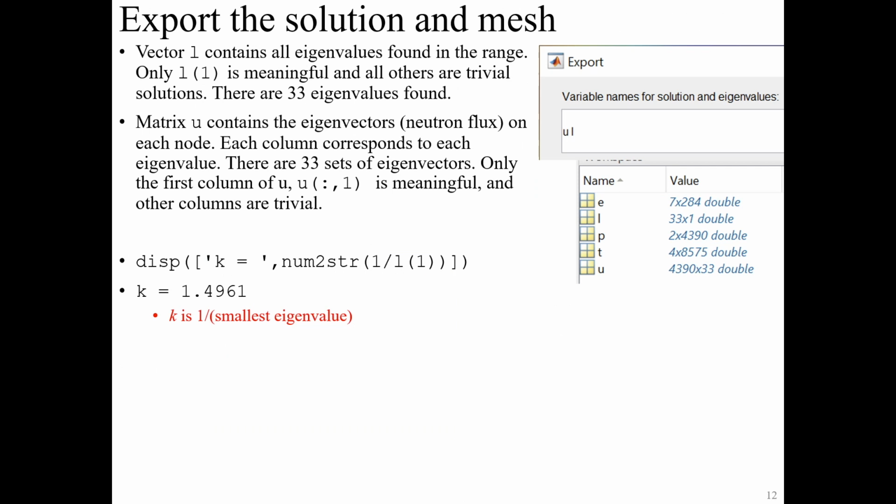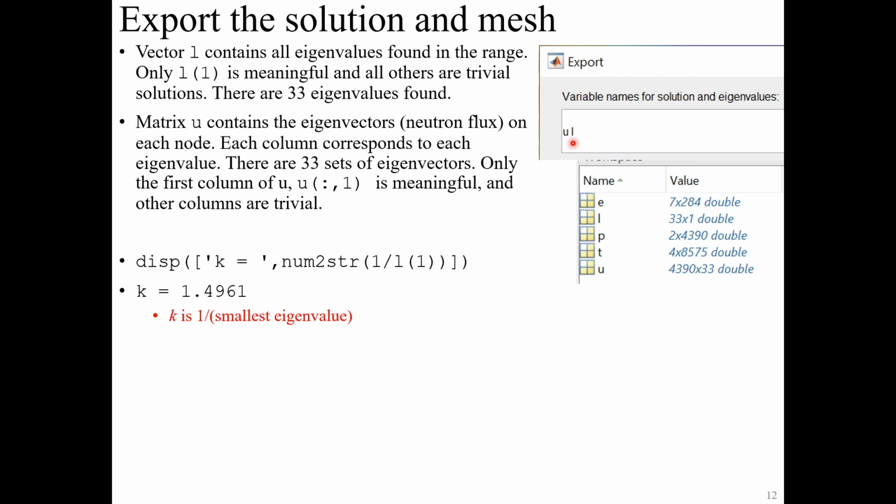Next, we are going to do some post-processing. We need to export the solution and the mesh information to the workspace. Because this is an eigenvalue problem, when you export the solution, you will see that you have two variables. One is U, another one is L. U is the neutron flux on each node. L is the eigenvalues.